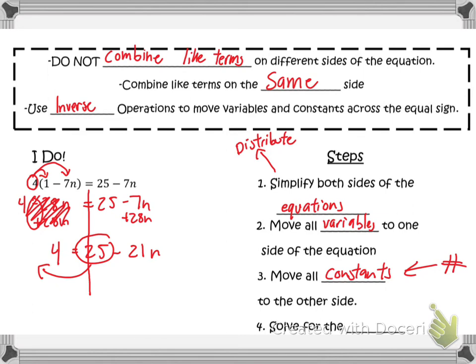I need to do the inverse operation. So right now we do have a positive 25. I'm going to move it over with a negative 25 to both sides. That way this cancels out. 4 minus 25 is negative 21, is equal to negative 21n.